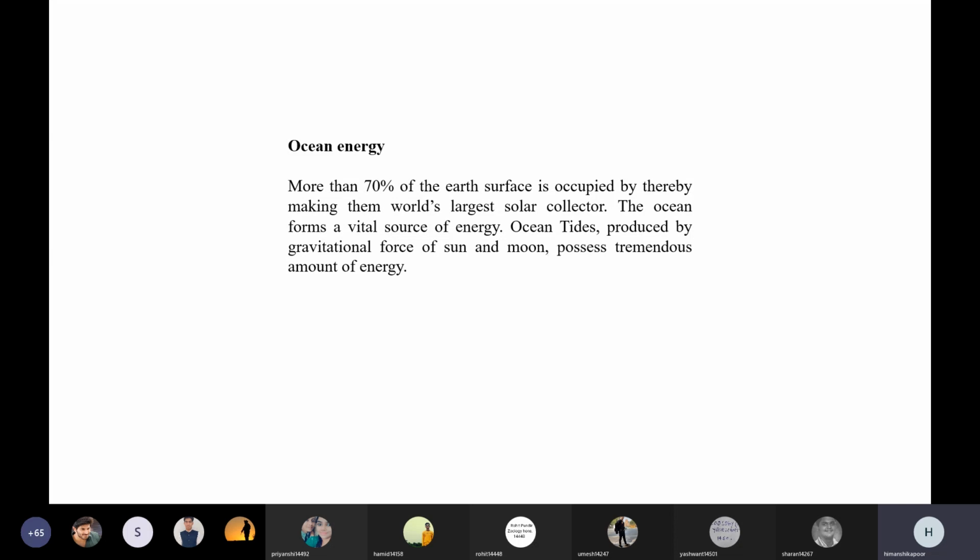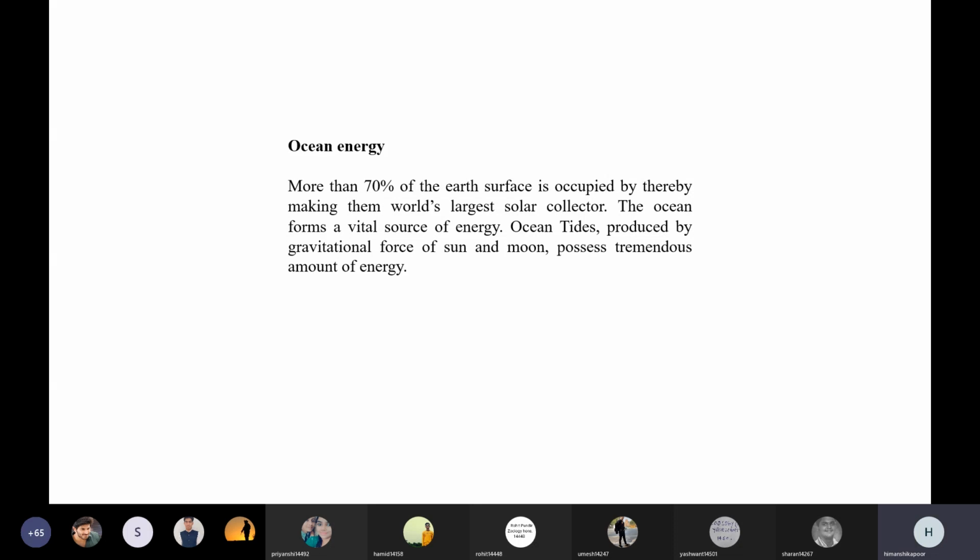Since 70% of Earth's surface is occupied by water, oceans can harvest and collect the sun's energy, and we can use this ocean energy again to generate electricity.